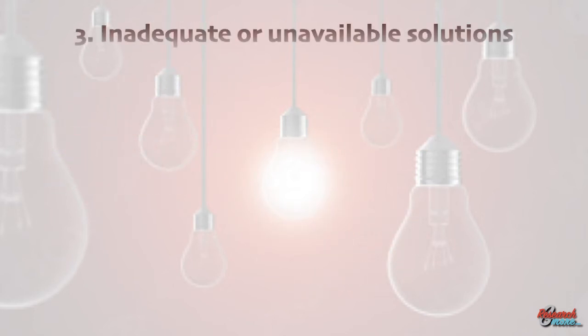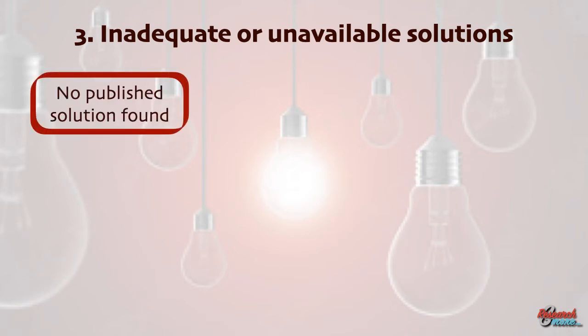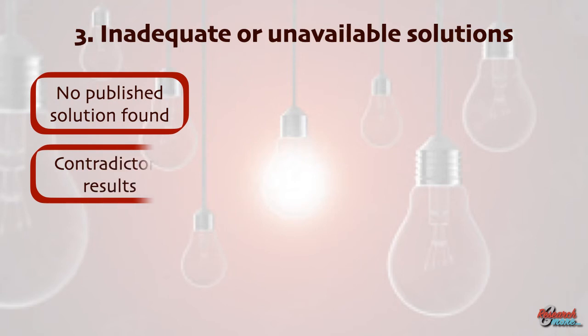A problem is considered worthy of research if solutions are inadequate or unavailable. Solutions are considered unavailable when there is no documented evidence in the literature to show that solutions have been prescribed. A research problem is also said to exist when some findings are found to be controversial or contradictory.